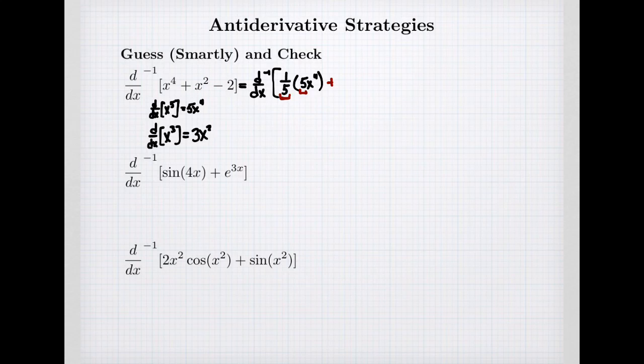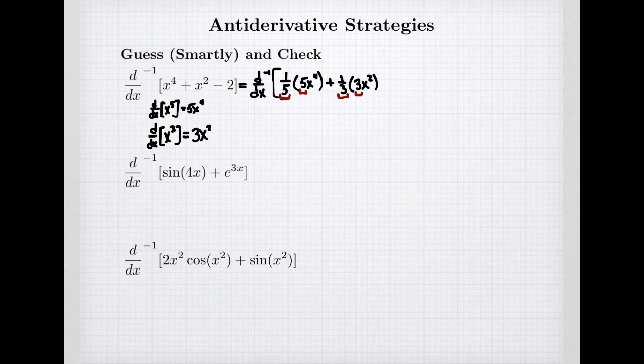So I get plus, oops, let me change the color, plus 1/3 times 3x squared. Now I have, again, introduced the constant I needed to get a derivative, and the 1/3 so that I didn't change the answer.